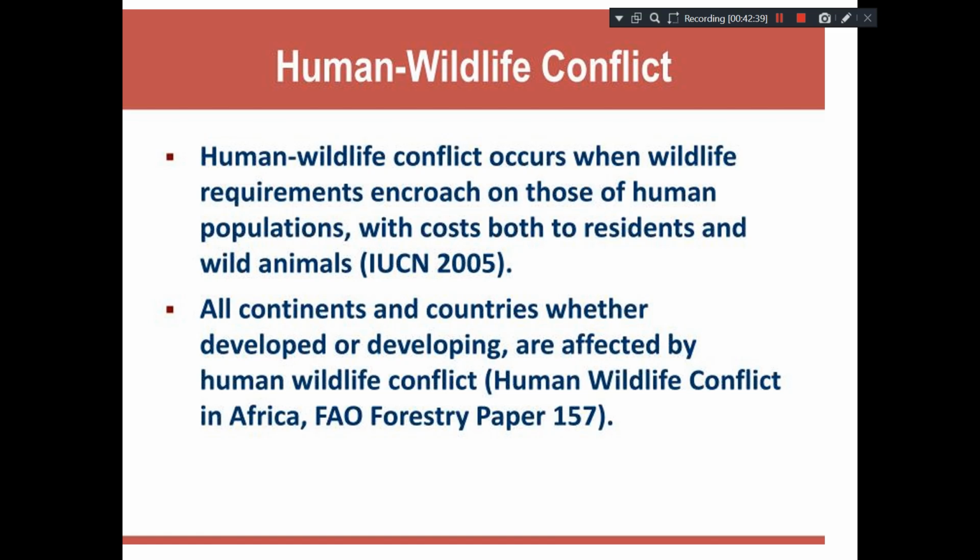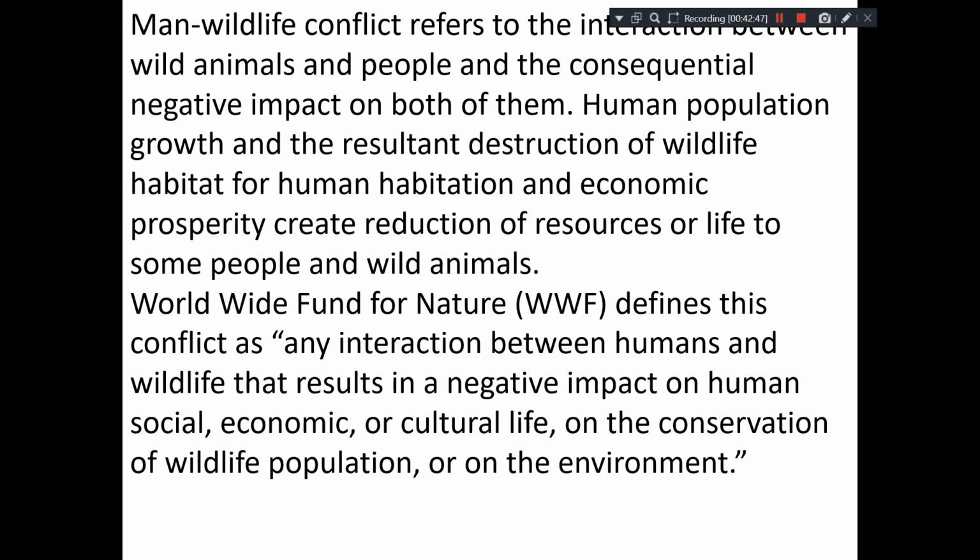In all continents, not only Asia or India or Kumta, everywhere this problem has become very, very rampant. So man-wildlife conflict refers to the interaction between wild animals and people and the consequential negative impact on both of them.